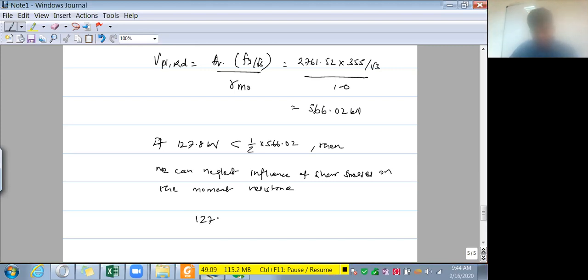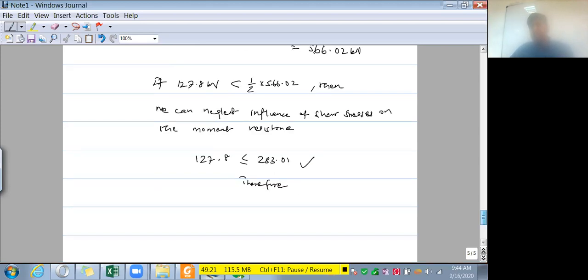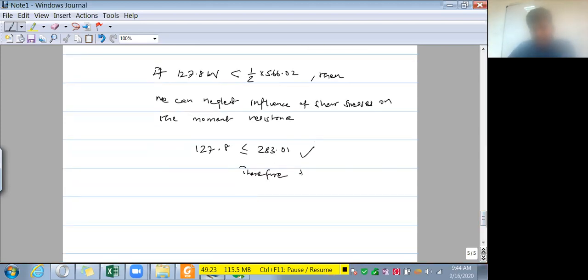So 127.8 is less than or equal to 283.01. So that is correct. Therefore, it is not required to reduce the moment resistance.